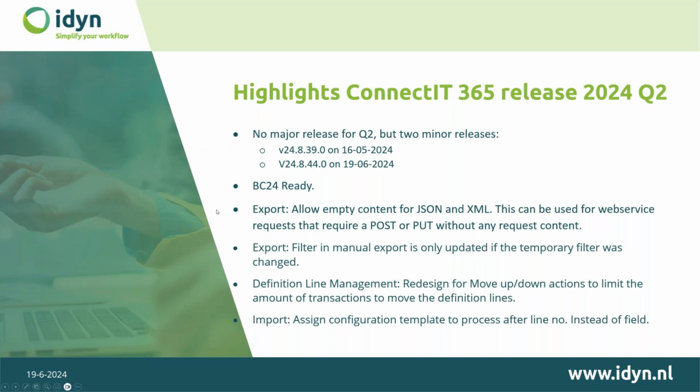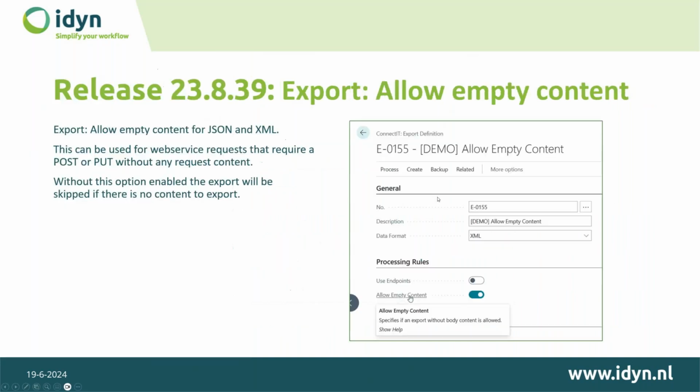So if we go into some of the details, you can now see that for the empty content, we have an additional processing rule on the export definition. Once again, this can be used in cases where an empty request is needed, or a request without content, or it could also be used for a file without content.